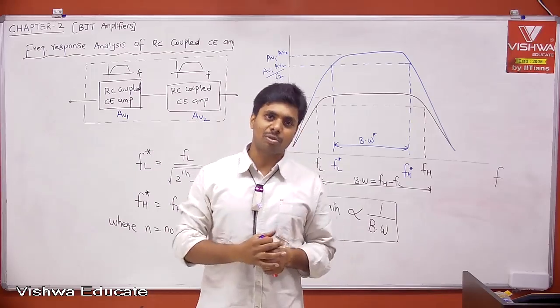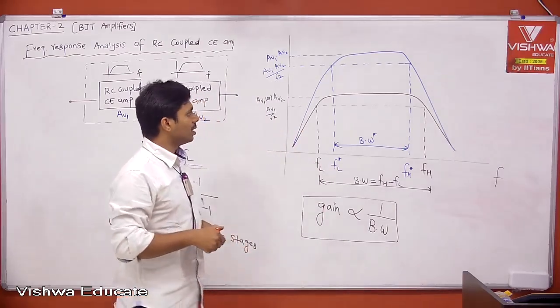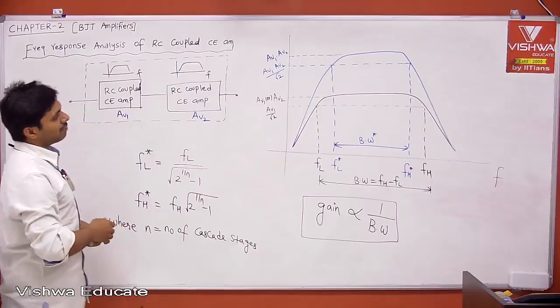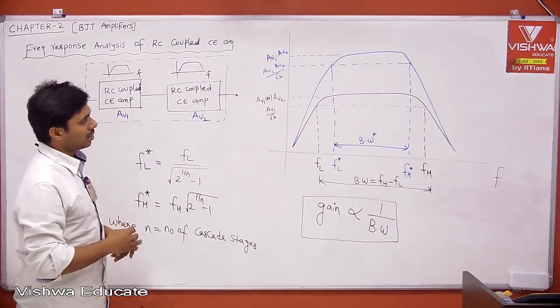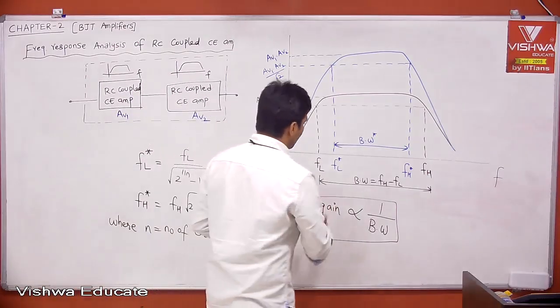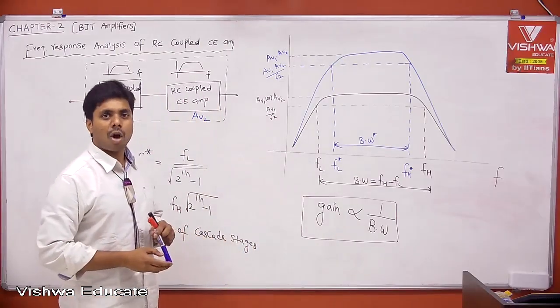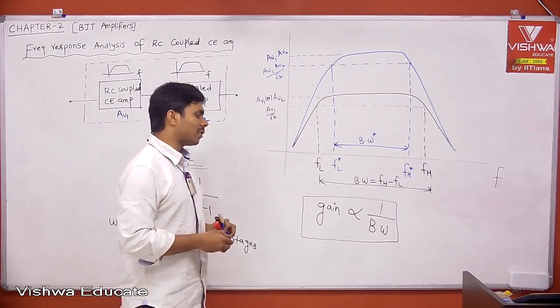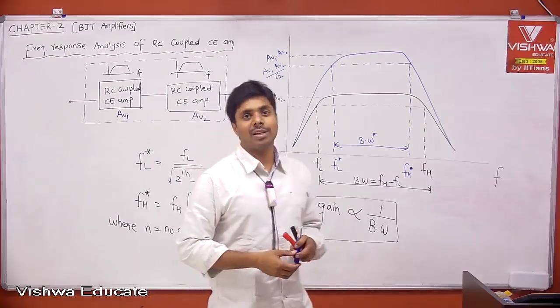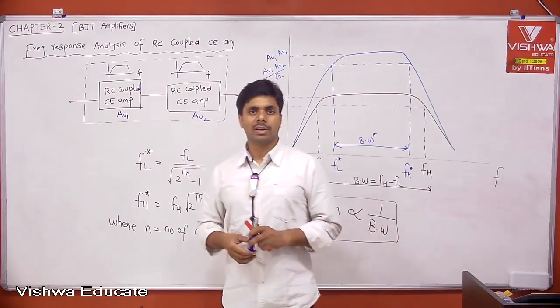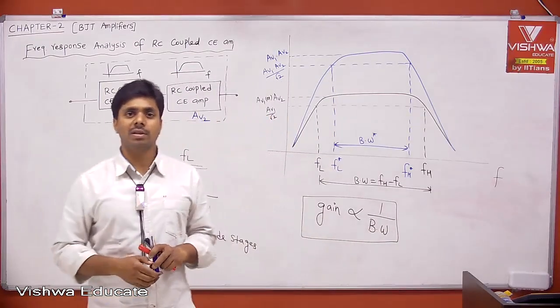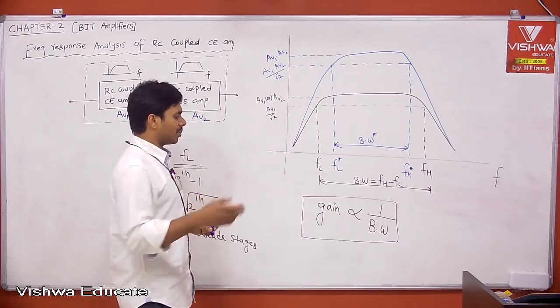That's where bandwidth comes into the picture. If gain is increasing, then your bandwidth will decrease. That is the typical relation people state. Or people say gain into bandwidth is nothing but constant. If you take your op amp, the gain into bandwidth of your open loop op amp is nothing but the unity gain frequency, or transition frequency, FT. That is what we are going to see later. That part I will explain later.